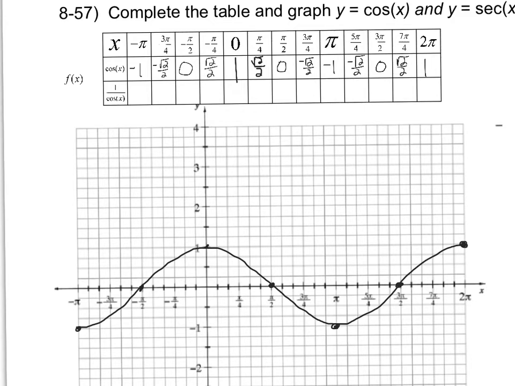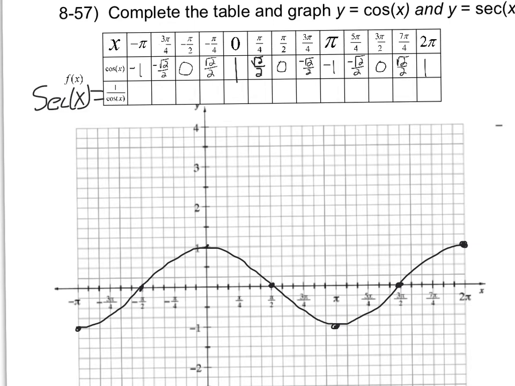And now we're going to graph the 1 over the cosine, which is the same as the secant of x. To do that, we need to start by identifying the asymptotes.